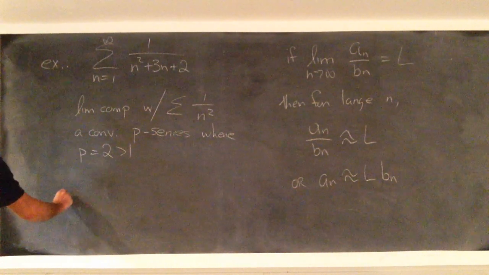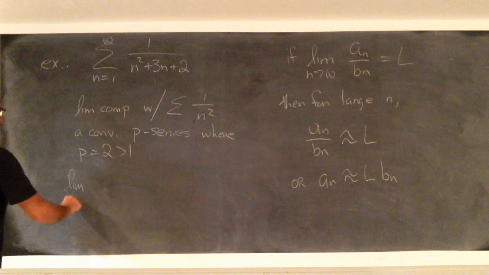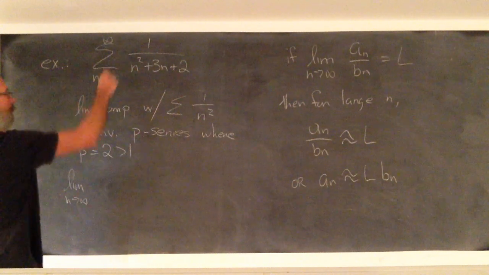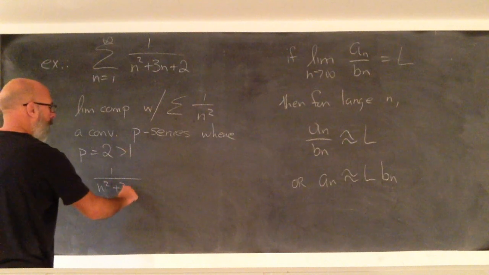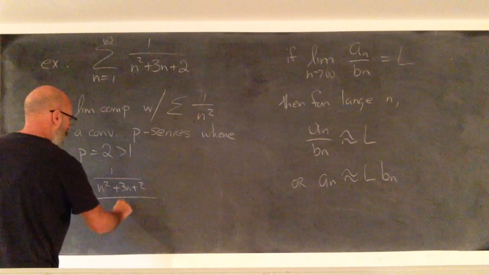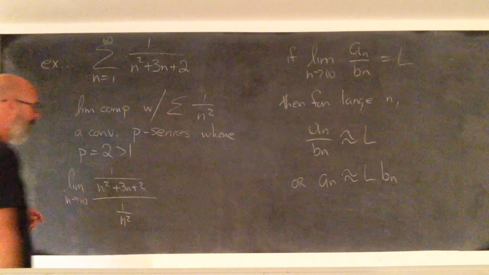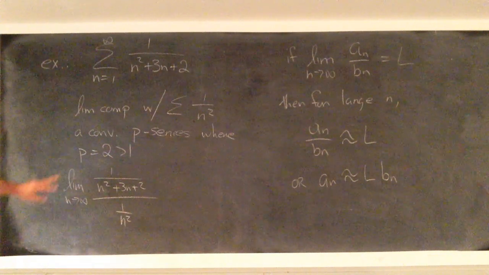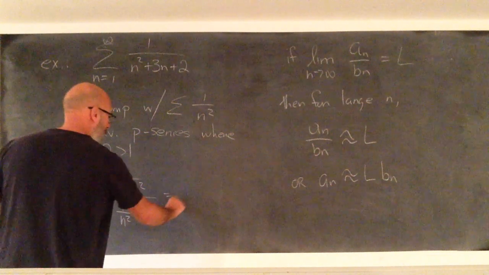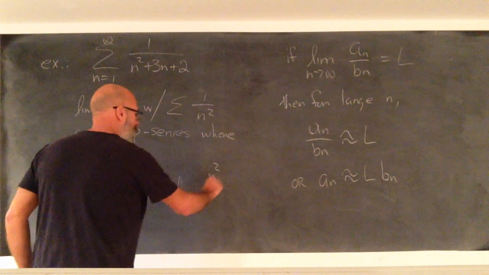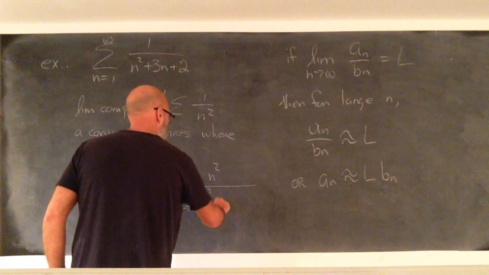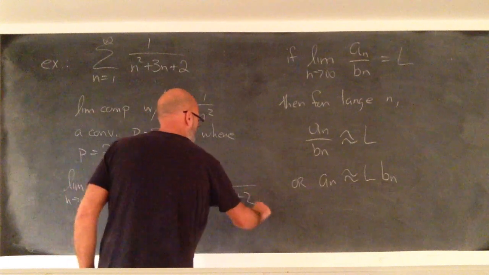Let us apply the limit comparison test, which tells us to take one of these divided by the other. Or, if you flip, this is n squared over n squared plus 3n plus 2.